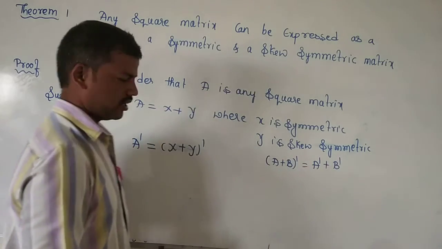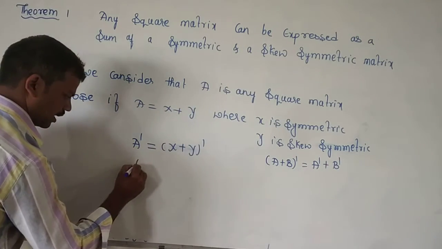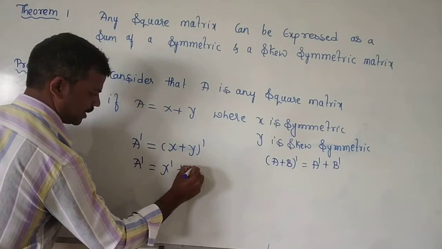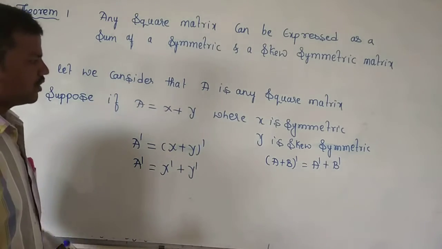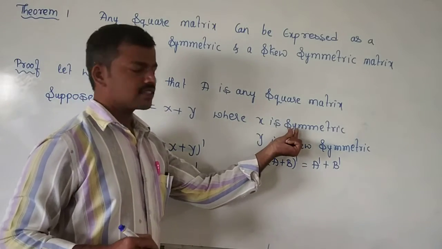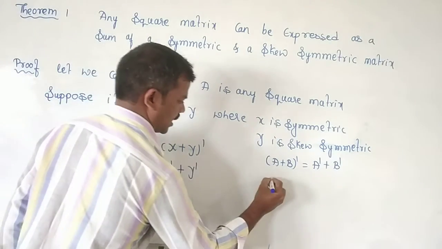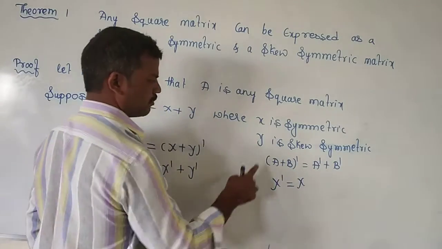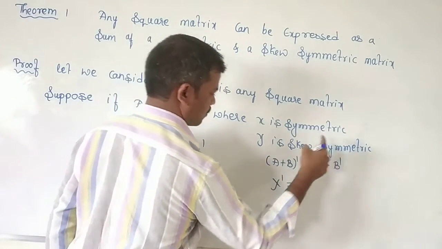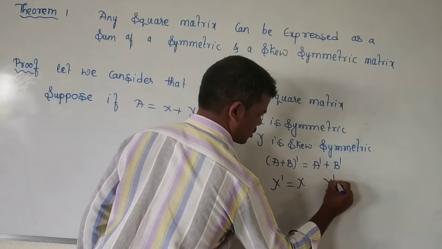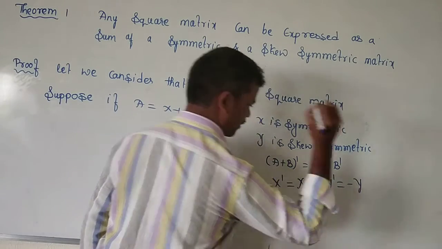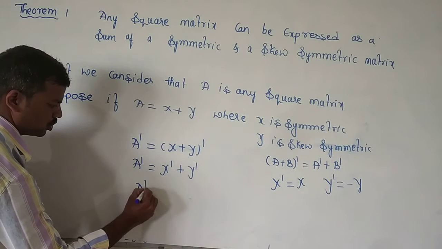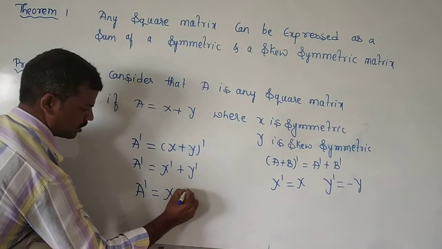So A transpose is equal to X transpose plus Y transpose. Here X is symmetric, which means X transpose is equal to X. And Y is skew symmetric, which means Y transpose equals minus Y. So A transpose is equal to X minus Y.